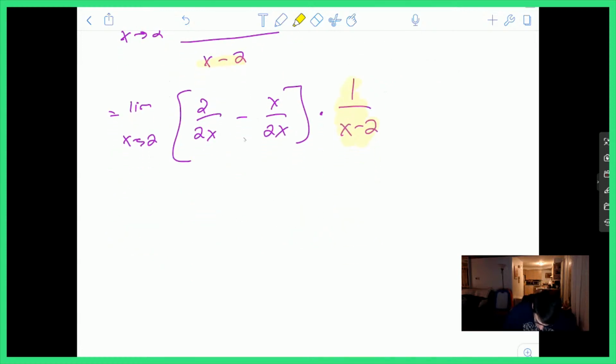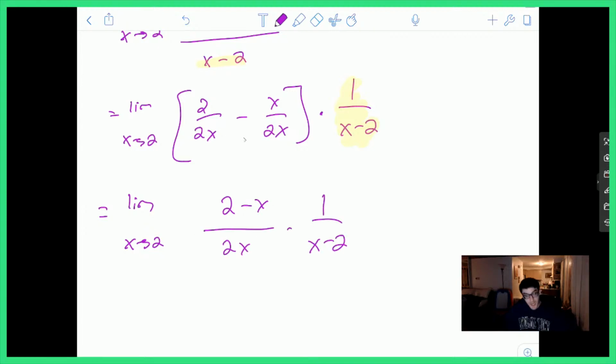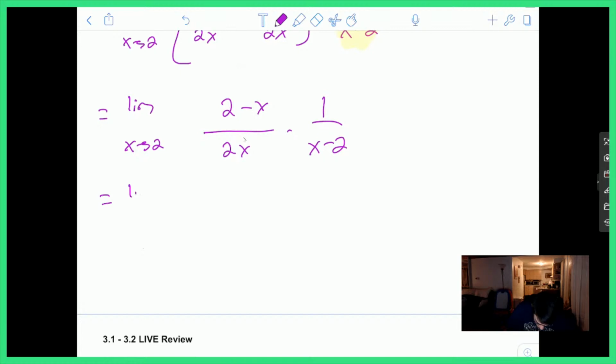Let's see if we can combine the numerators. The limit as x goes to 2 of 2 minus x over 2x times 1 over x minus 2. I'm really close, but it looks like I need to factor a negative 1 out of the numerator so I can get those factors to cancel. So if I rearrange these terms and pull out a negative, it would be negative 1 times x minus 2, right?